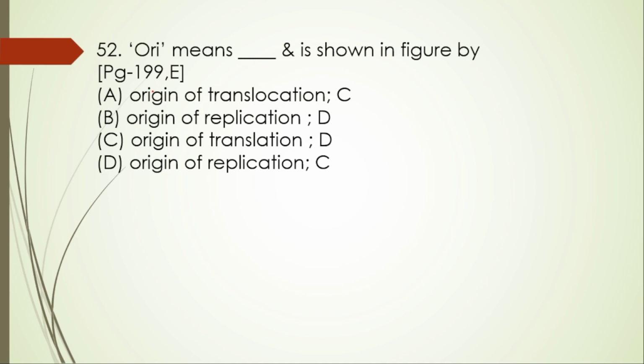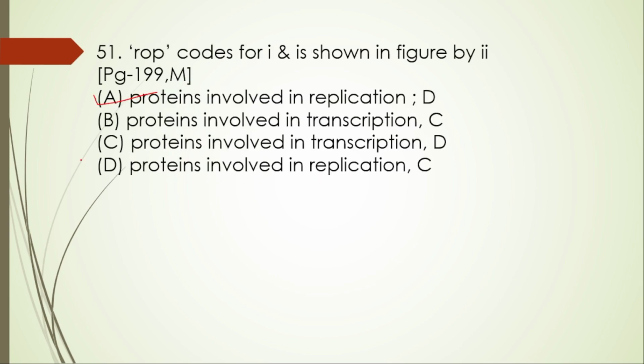Next, 52. Ori means dash and is shown in the figure by. Ori means origin of replication, and in the figure it is shown by C, isn't it? Origin of replication and C. Let me see.